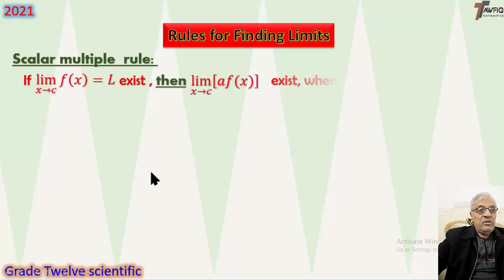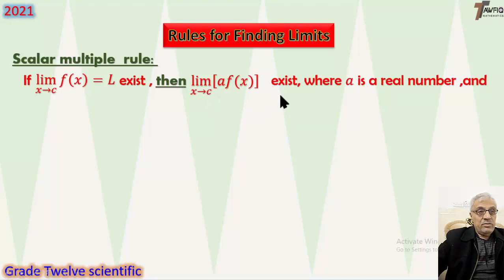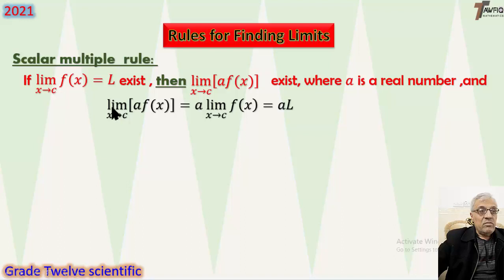Scalar multiple rule. If the limit of f(x) when x approaches c is equal to L and exists, then the limit when x approaches c of a times f(x) exists too, where a is a real number, and the limit when x approaches c of a f(x) is equal to a times the limit when x approaches c of f(x), which equals aL.